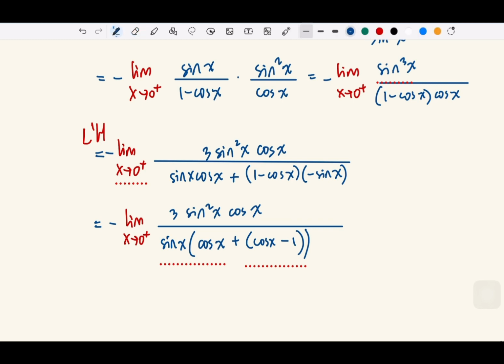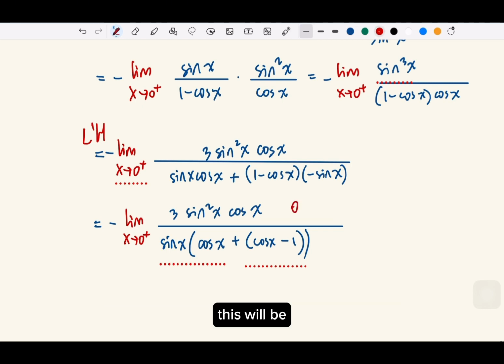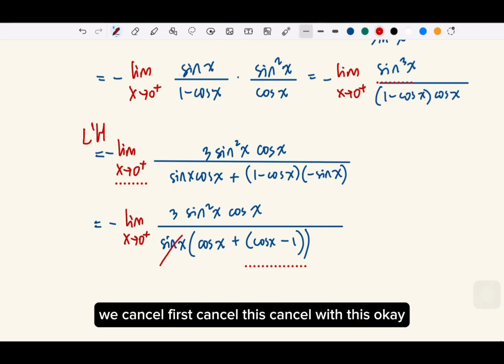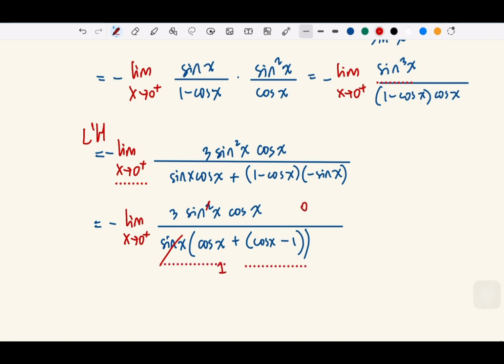Okay, now check the 0. So this will be 0. Oh, wait. We cancel first. Cancel this. Cancel with this. Okay? And then check. So check 0. This will be 1. This is negative 1.